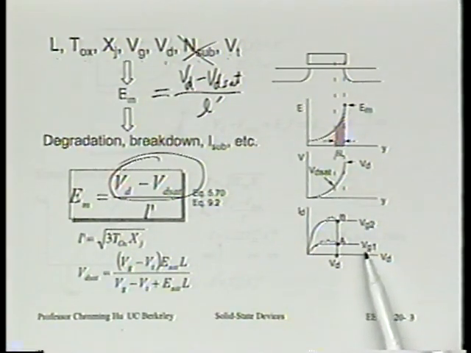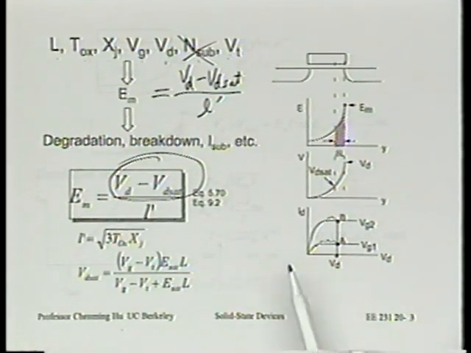Will VG1 give you a larger EM, or VG2 give you a larger EM for a given VD? VG1, is that right? Just because of this. So when you look at this current, not only can you see the IV relationship, I hope you also see the EM in this figure. All right? So that's what it is.